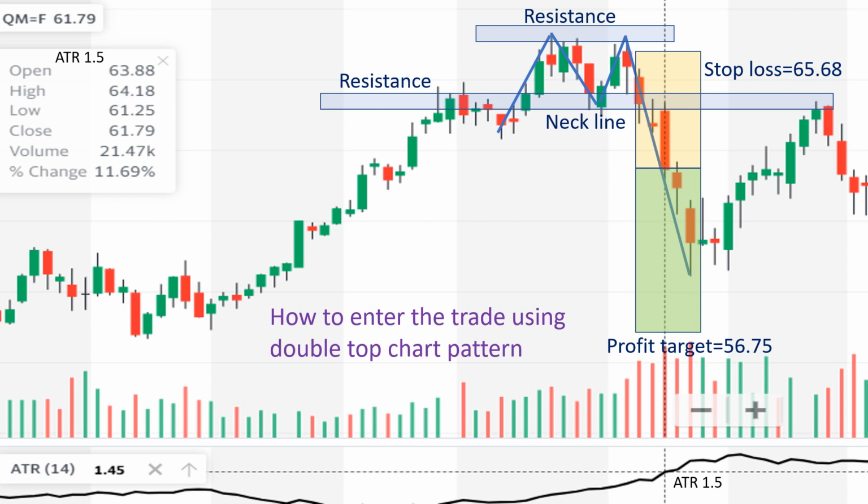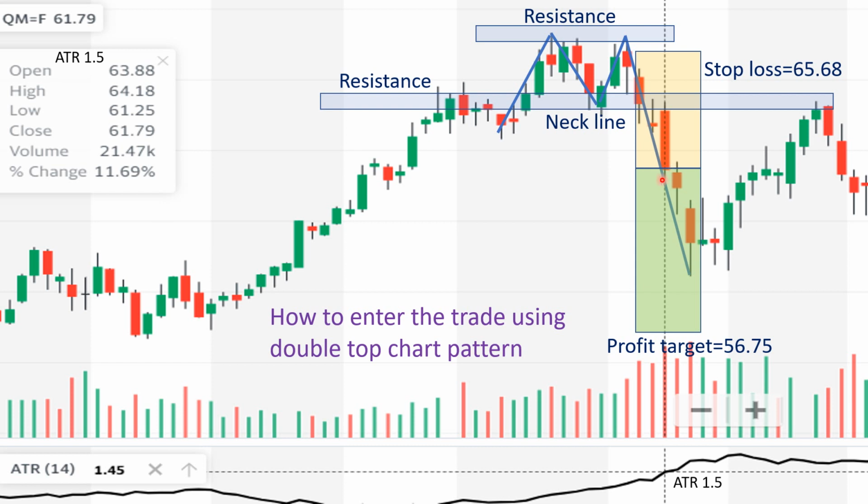Traders can use another method as well. They can wait for the price to pull back and retest this neckline one more time, and then at the first appearance of the bearish candle below the neckline, they can exit the trade and put their stop loss and profit target the same way as I did here.